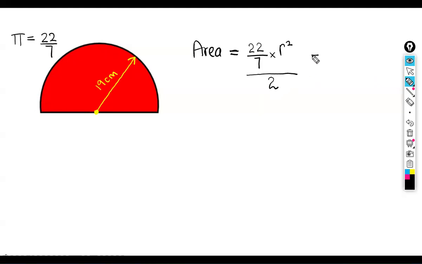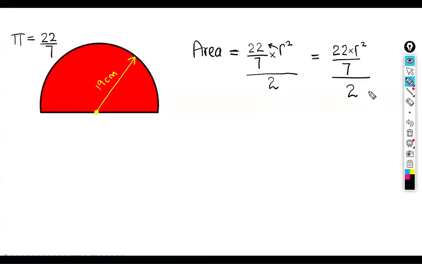Now, last week I showed you how to summarize this. I don't want to repeat the whole thing from last week, I'll be wasting time. This r squared belongs on top with the 22, so it's 22 multiplied by r squared divided by 7, and then we divide by 2.